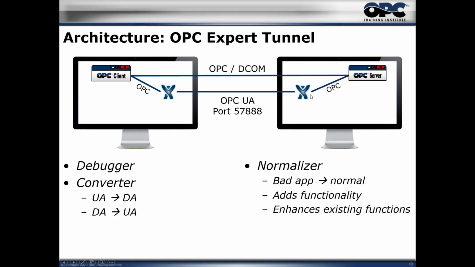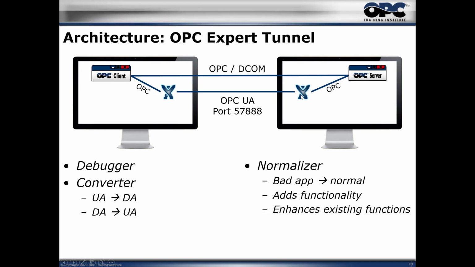In fact, this pair right here, what they're doing is OPC in to UA and then UA back to OPC. So it converts both ways. And it acts as a normalizer. And what I mean by that is sometimes you have servers that aren't compliant.